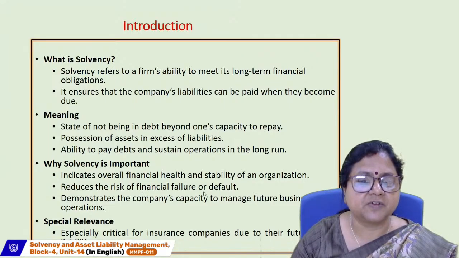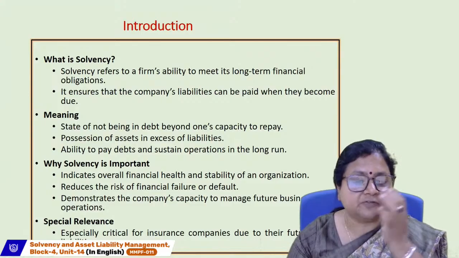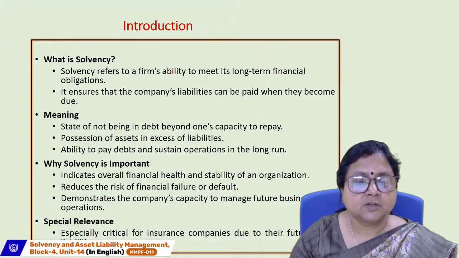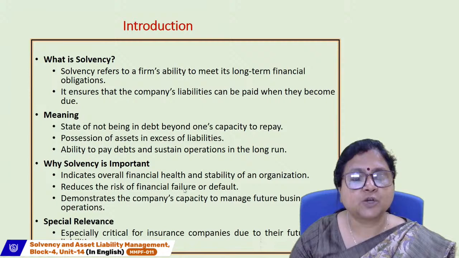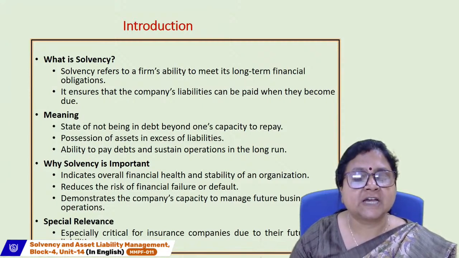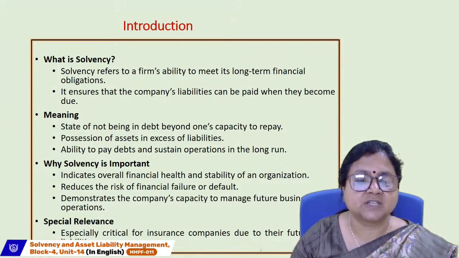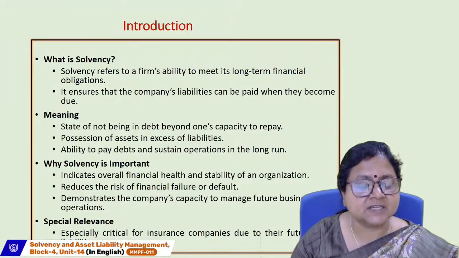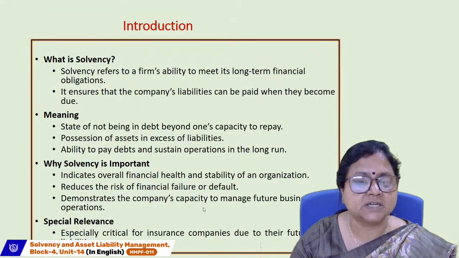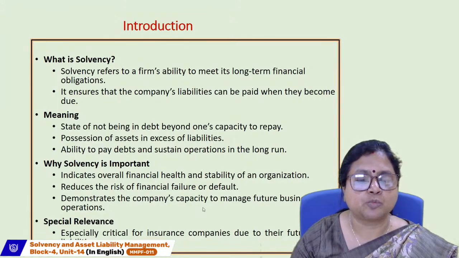This reduces the risk of financial failure or default. So if you have adequate liquid assets, more than the liabilities existing with the company, then of course the risk of financial failure will be less. And solvency demonstrates the company's capacity to manage future business operations.